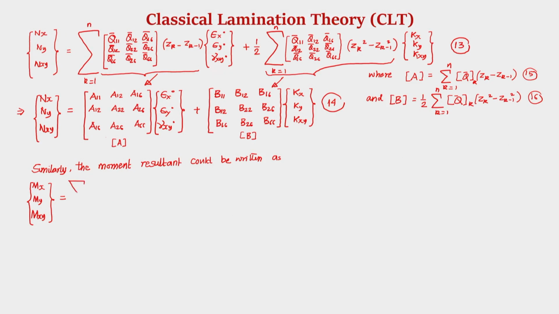sum over k going from 1 to n, integration z k minus 1 to z k, into sigma x, sigma y, tau x y, z dz, and we use the stress strain relationship here, and this becomes sum over all the layers, integration z k minus 1, just analogous to what we have done for the force resultant.